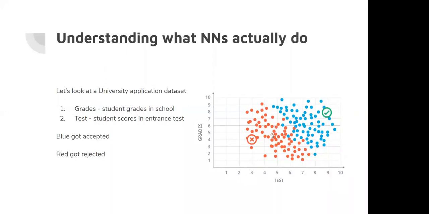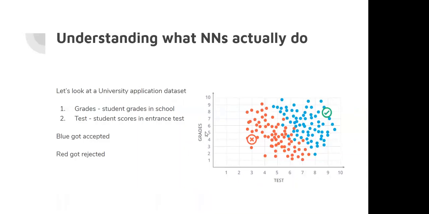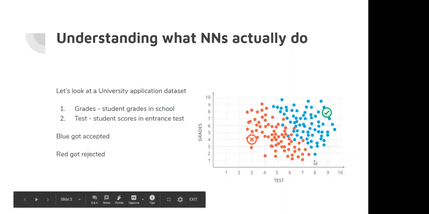Now just looking at this data set, this distribution scatter plot, to be more technical, if I ask you, can you draw a line that separates this data set into two parts, such that on one side you have students that got selected, and on the other side students that got rejected? Just by looking at it, you'll probably draw a line like this.